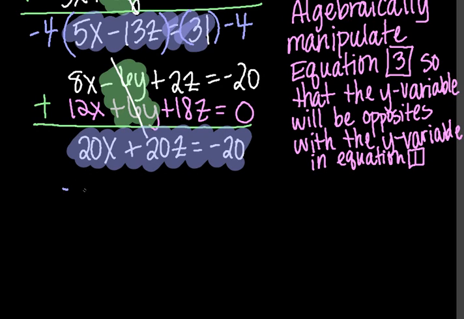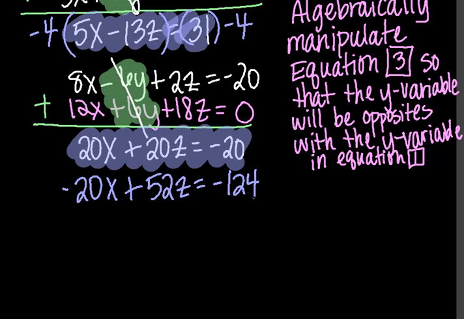So we're going to have negative 20x plus, what's 13 times 4? 52 equals, what's 31 times negative 4? Negative 124.